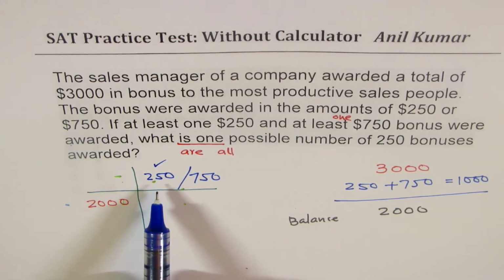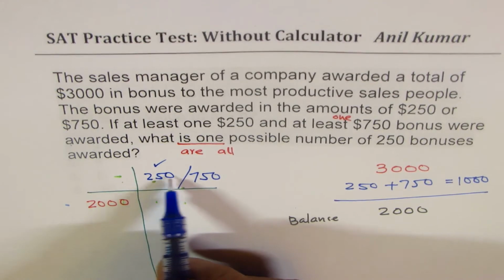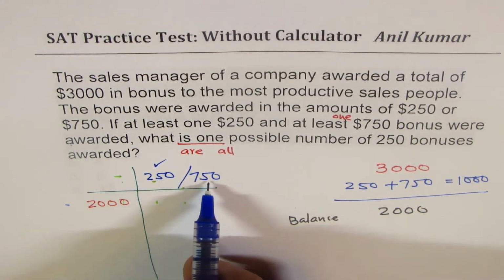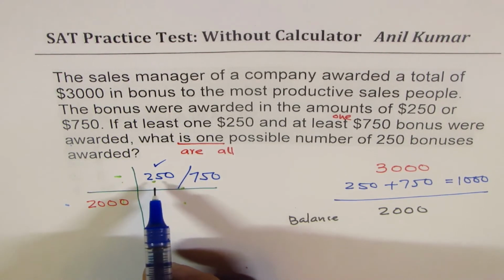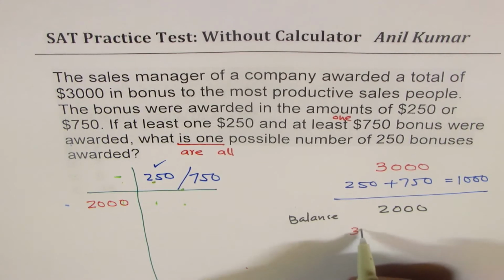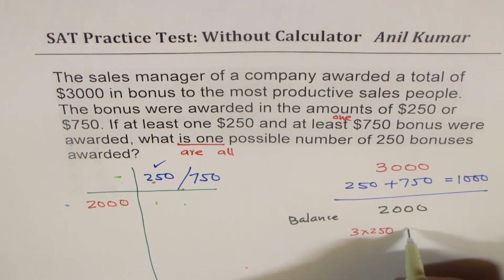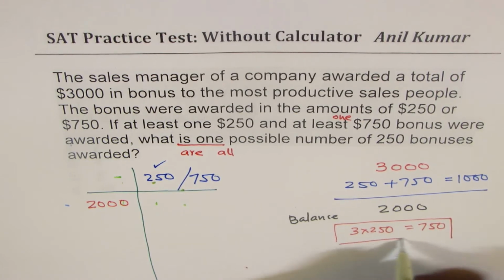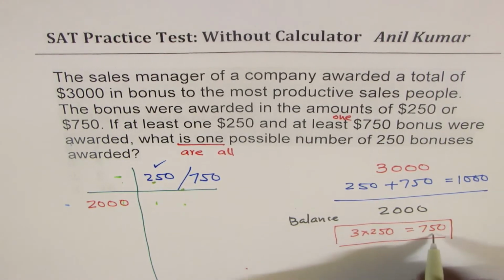So the combinations could be, you could do all with 250, correct? 250 is actually a common denominator for 750, right? So remember this, 3 times 250 is equal to 750. So that is in our mind. So we could always take away three 250s, replace it by one 750.